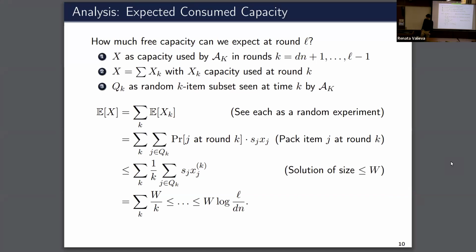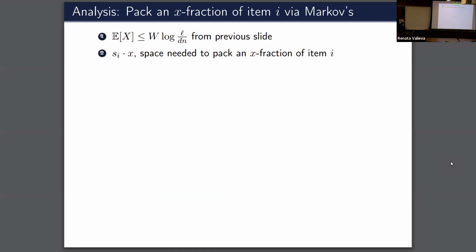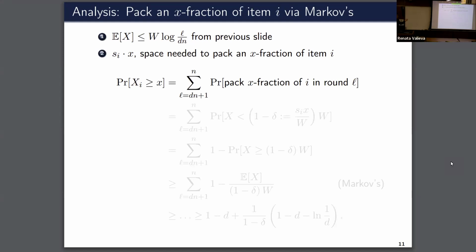So now we know at round L how much capacity we are expected to consume, and we want to say if there is enough capacity, then we can pack an item up to some X fraction. Say X fraction of item I, which will take Si times X space. So now consider if there is more space available, that's fine.